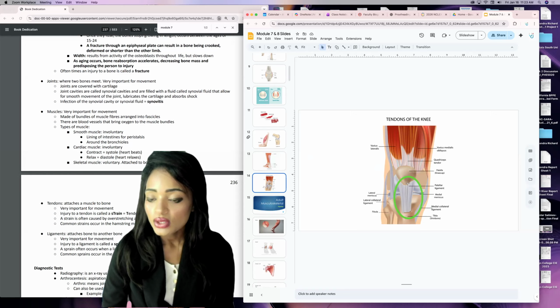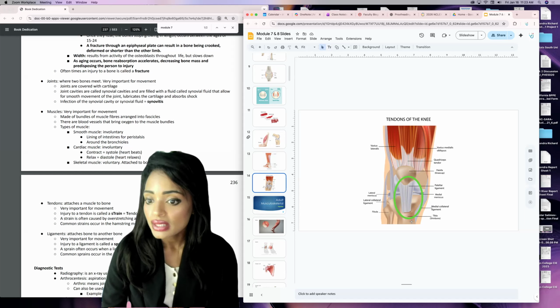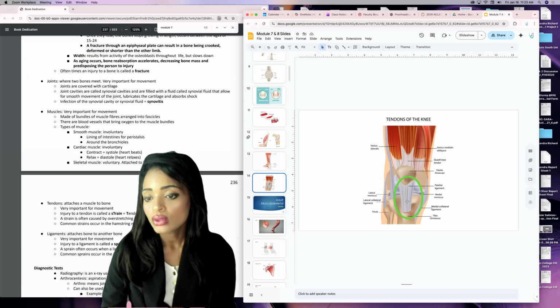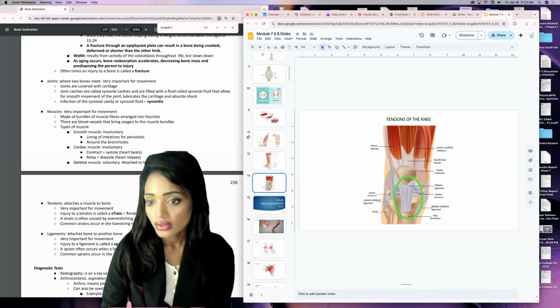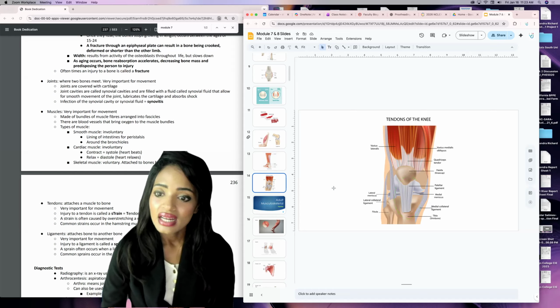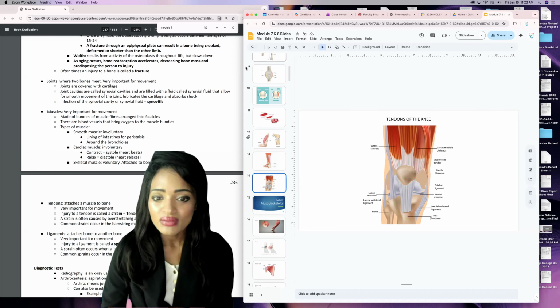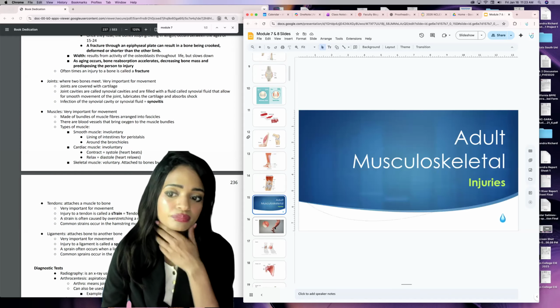So this ligament, your patellar ligament, it connects your patella bone, which is your knee bone, to your tibia, which is the larger bone of your leg, okay? So you're like, wow, right? Everything, all of this works together for you to be able to bend your knee. And you don't even have to think about it, right? We have so much to be thankful for.